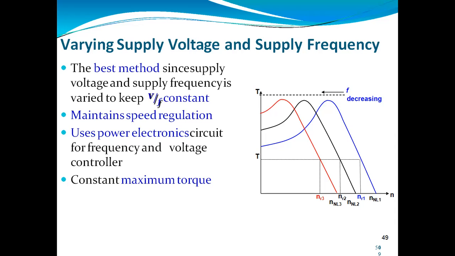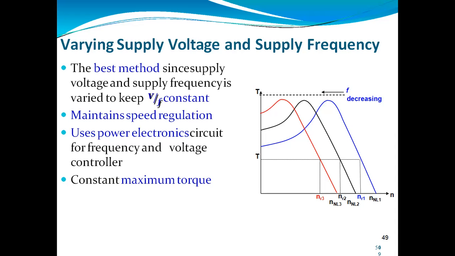In short, we are varying V by F: if we vary the voltage, we also vary the frequency, so we get V by F constant and maintain speed regulation. It is used in power electronic circuits for frequency and voltage control, and here the torque will be maximum.